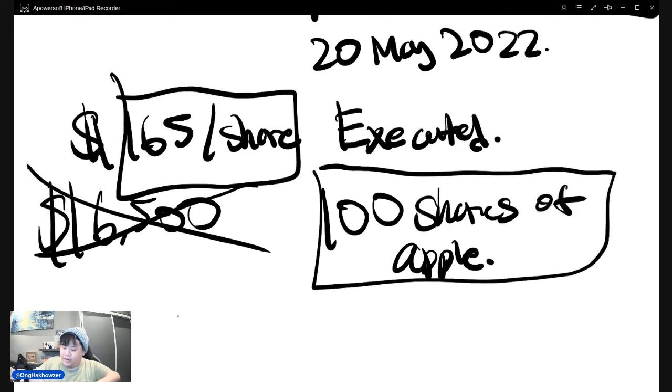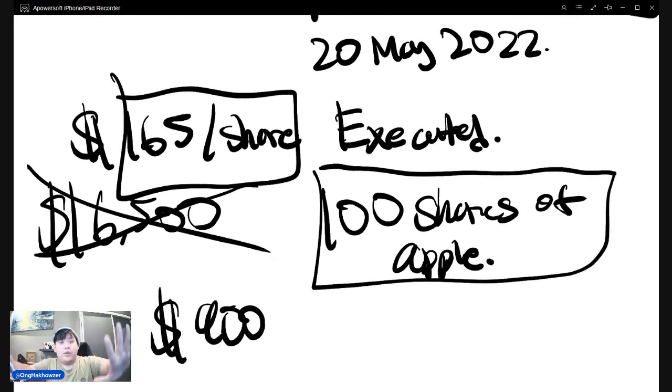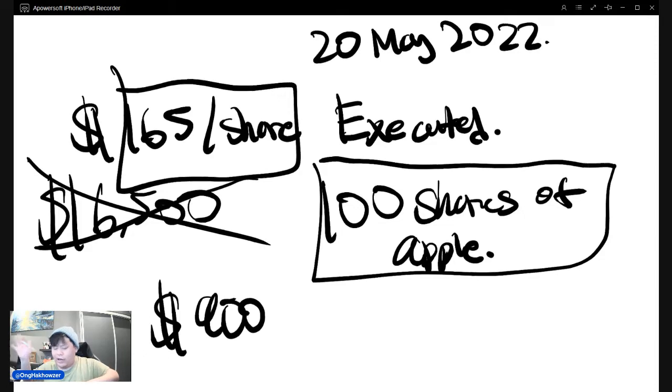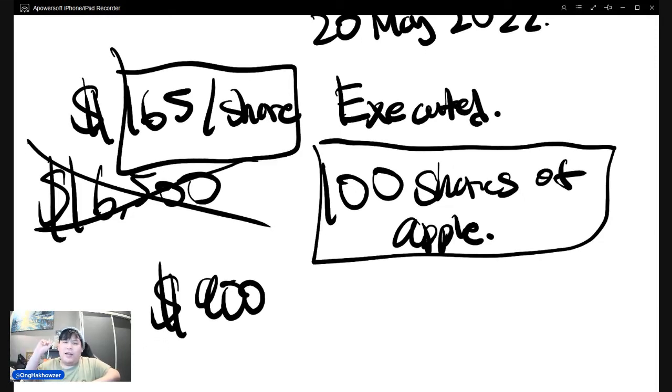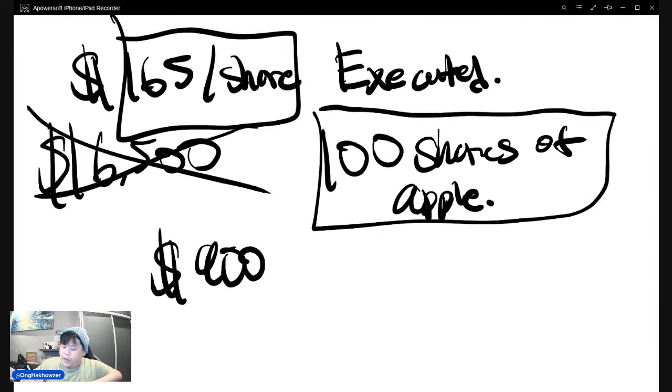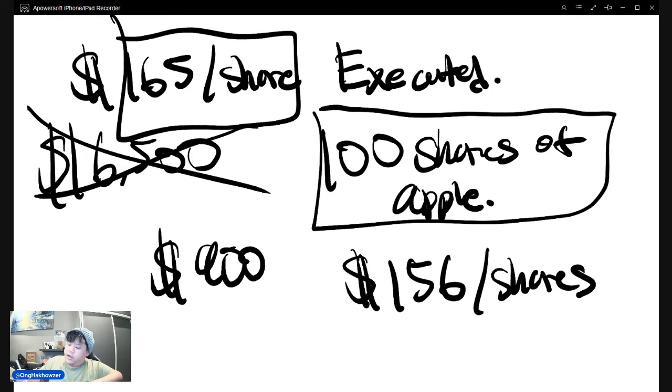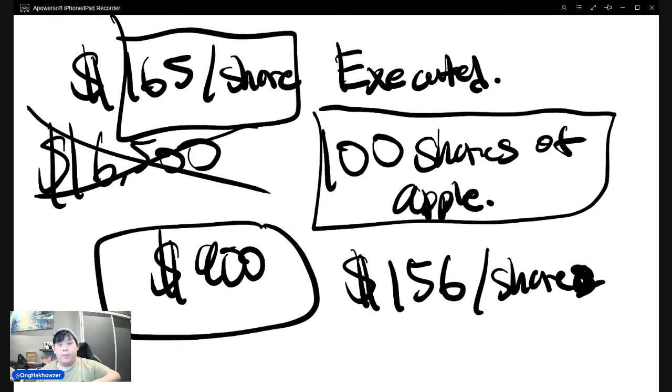And on top of that, the $900 is your premium. You get to keep it. If you want to be exact about it, you're basically paying about $156 per share, because you are taking into account your $900 premium as well.